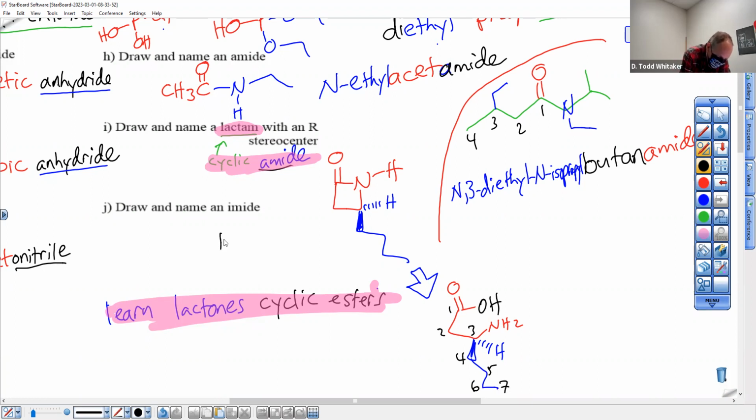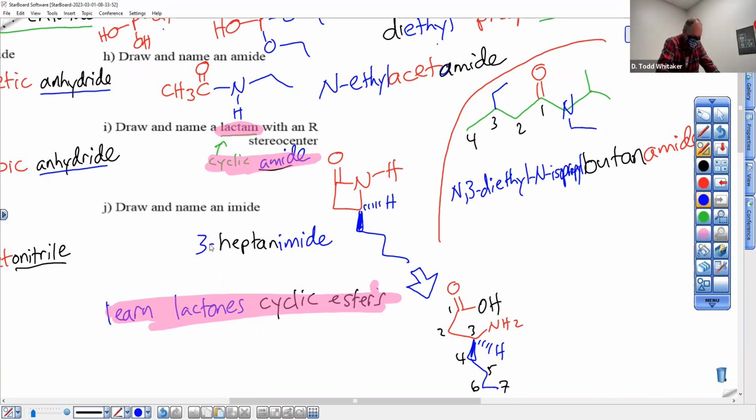So it's heptanamide. That's not the whole name, but it's getting there. What carbon is the nitrogen on? It's a 3-heptanamide.